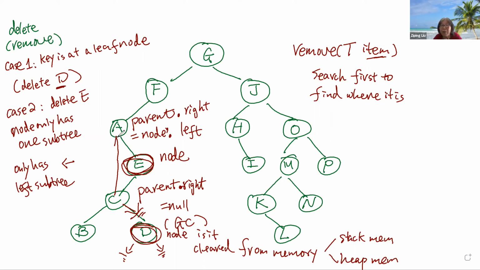You just directly connect its right to node's left. Because it only has one subtree, you just connect that single child subtree. So this is this case.